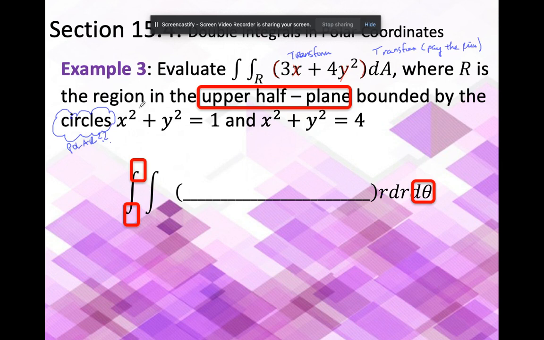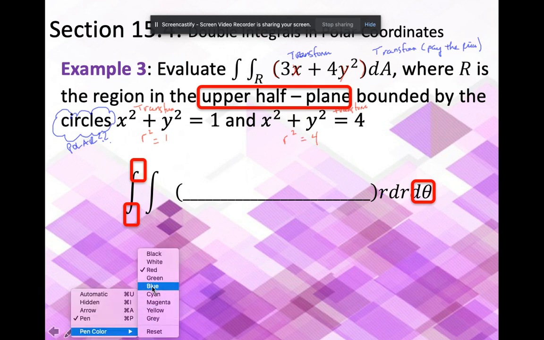So I also have to transform everybody. I've got to transform this equation and transform this equation. But look at those. They're circles. This is just r squared is equal to 1, and this is just r squared is equal to what? Not 4, right? Well, r squared is equal to 4, sorry, but my radius is equal to 2, right?